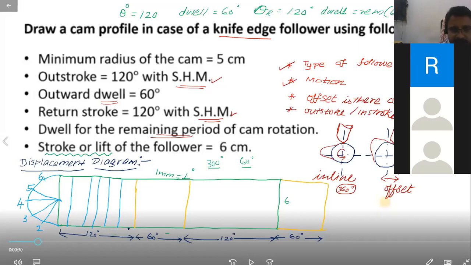This length you divide into 6 equal parts. Okay. Similarly, this length you divide into 6 equal parts. One, 2, 3, 4, 5, 6 equal parts. Here also 6 equal parts, 6 equal parts.